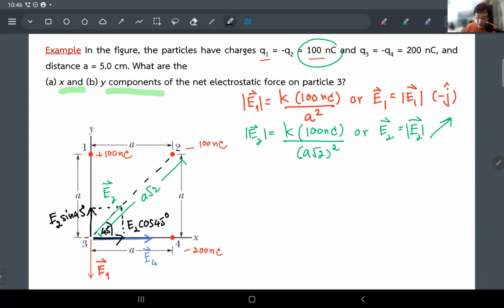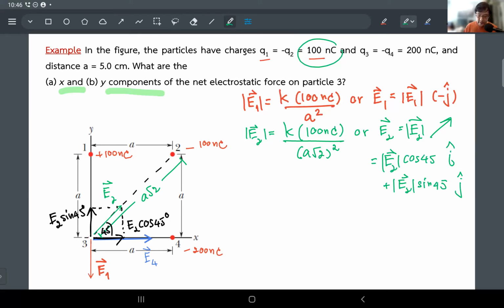So that means I can write it as E2 magnitude cosine 45 times I hat, because it's pointing in the positive x direction, plus E2 sine 45, and that is up, times J hat. Isn't that cool? So E2's done.